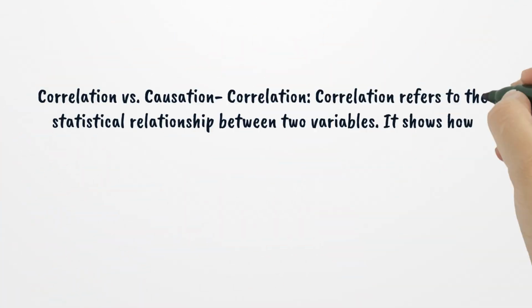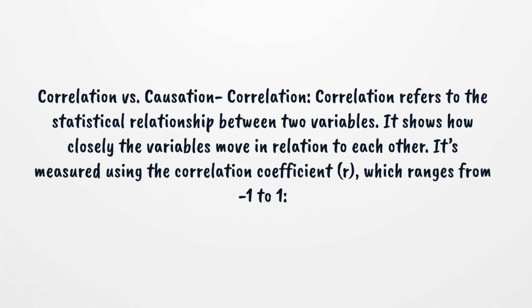Correlation versus causation. Correlation. Correlation refers to the statistical relationship between two variables. It shows how closely the variables move in relation to each other.